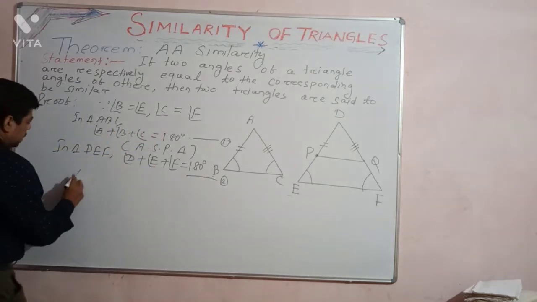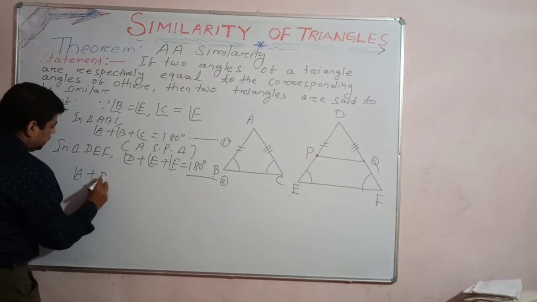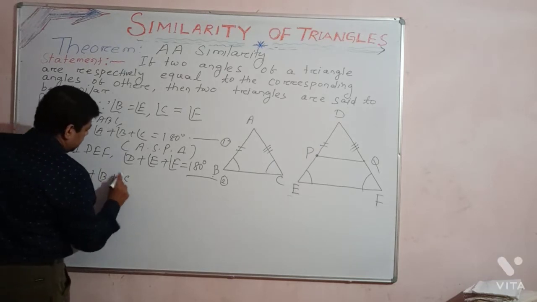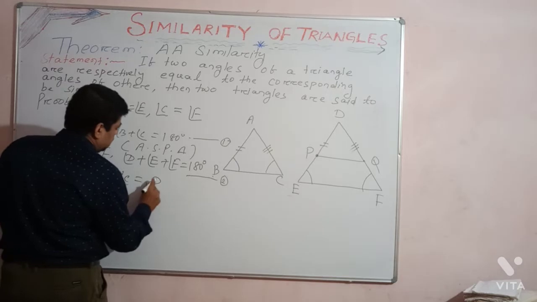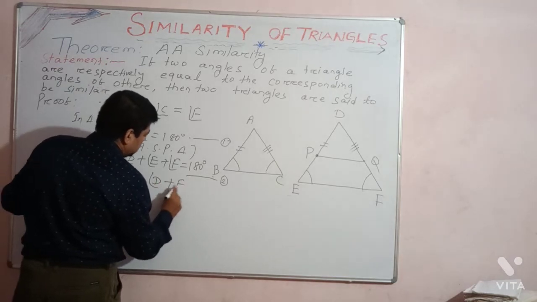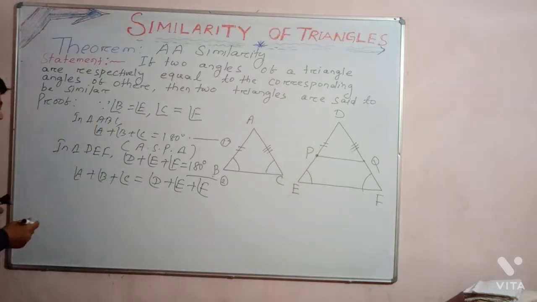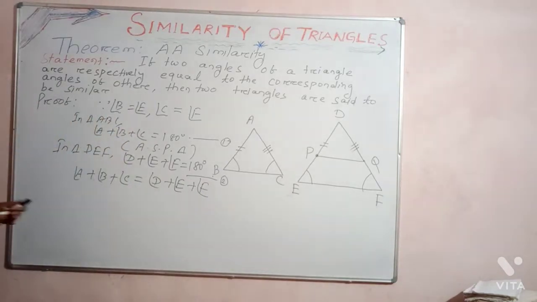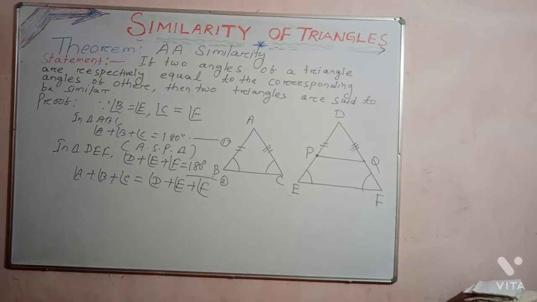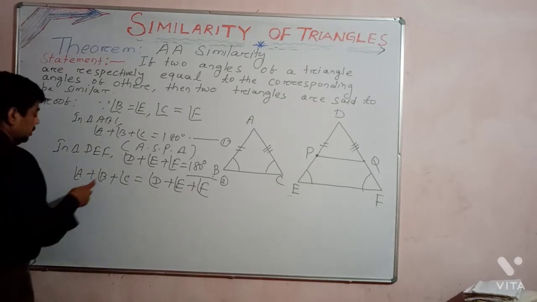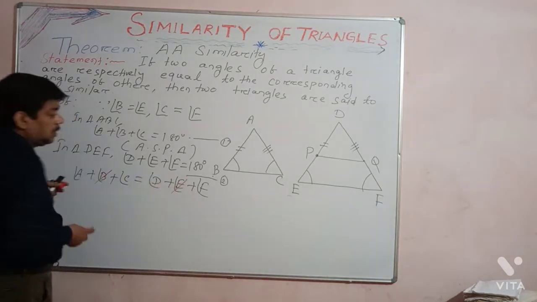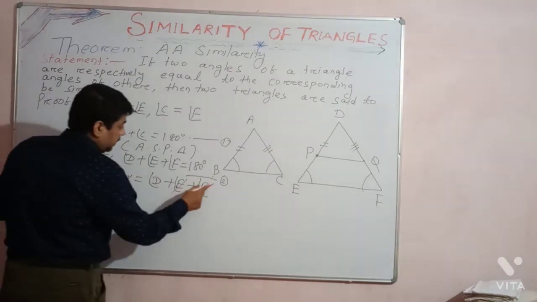Now you see, if you compare the two, angle A plus angle B plus angle C must be equal to angle D plus angle E plus angle F. Yes or no? Now angle B is equal to angle E, so it can be cancelled. And angle C is equal to angle F, can be cancelled.